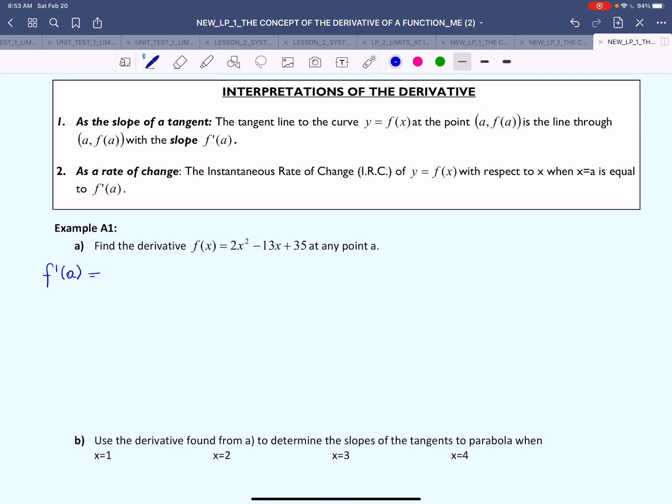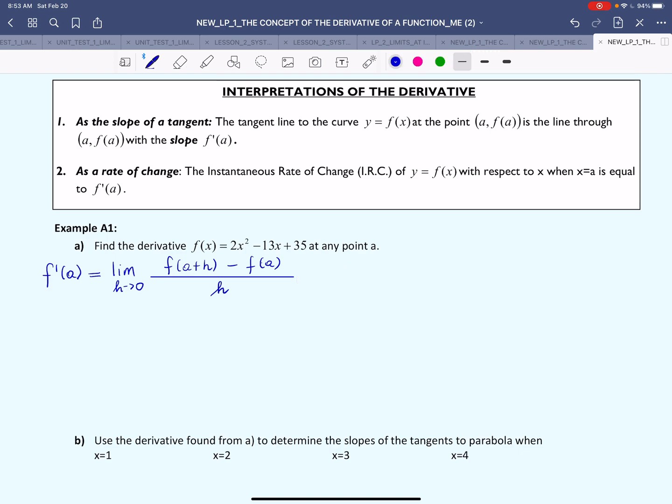And f prime at a is measured as the limit as h approaches 0 of f of a plus h minus f of a divided by h.